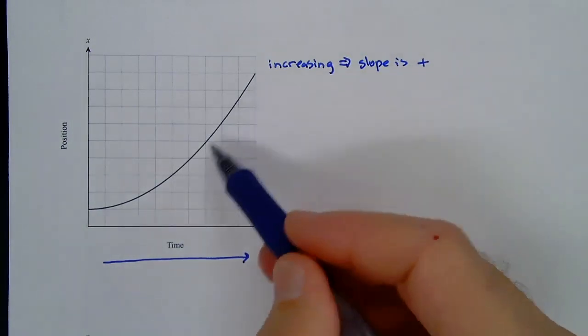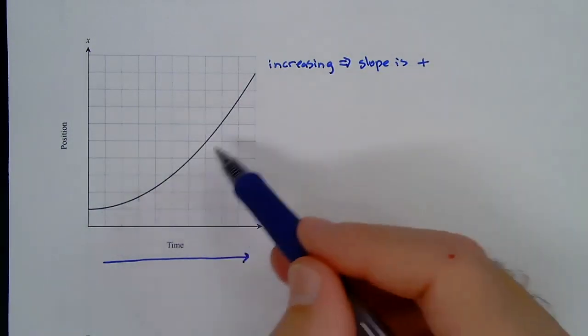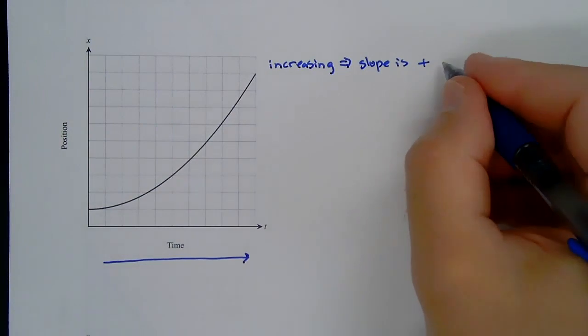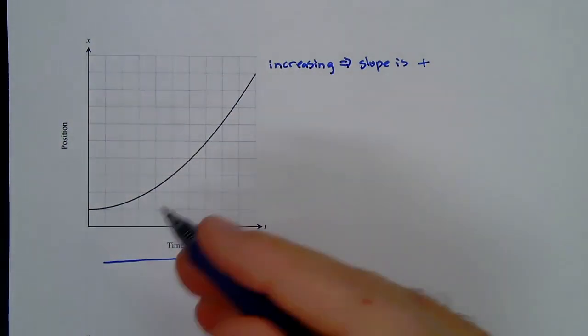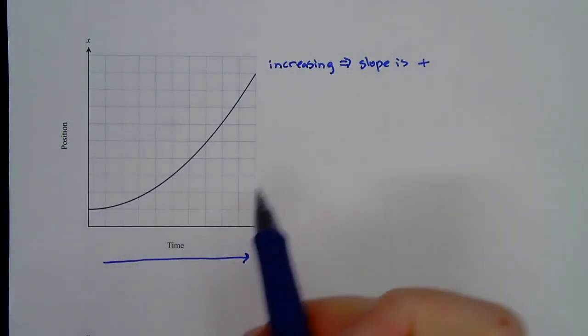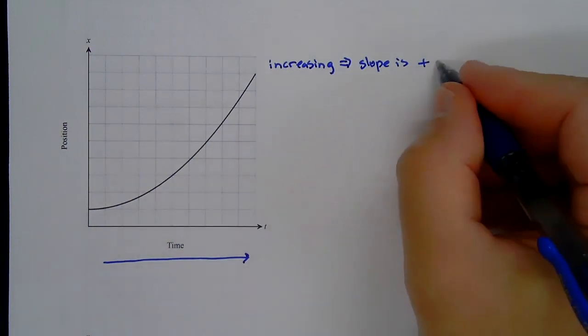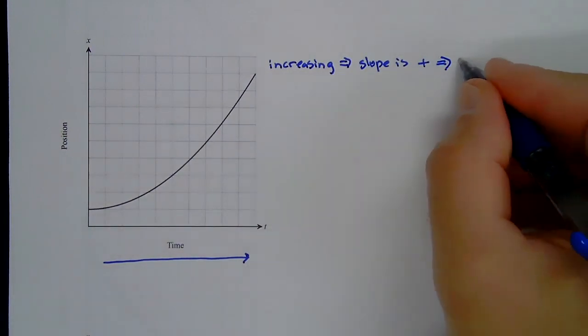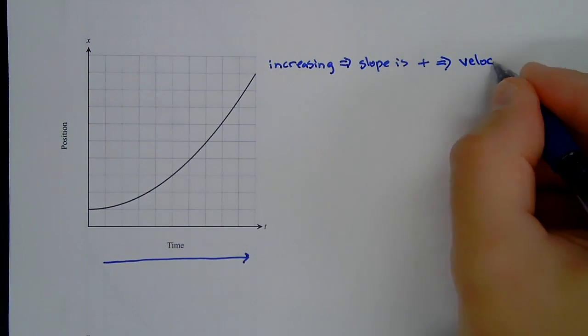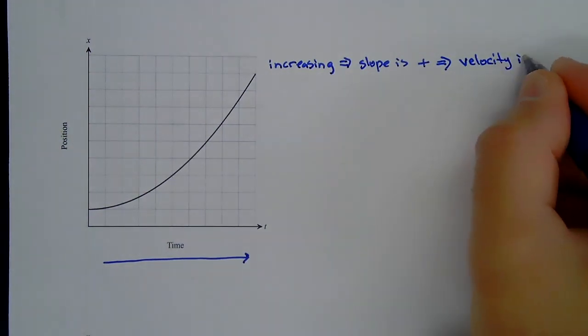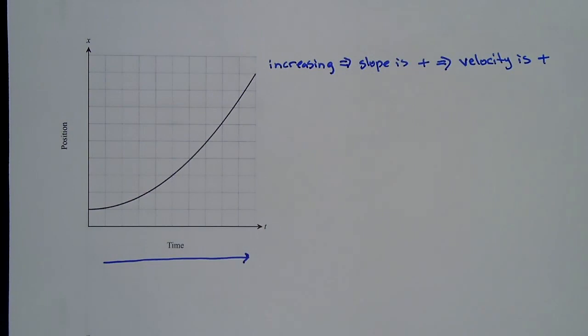If you pick any two points on this curve, the slope would be positive. And if we know the slope is positive on a position time graph, that automatically tells us the velocity is also positive.